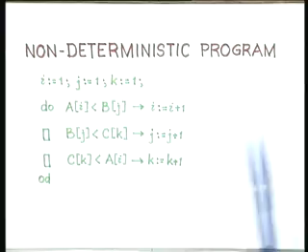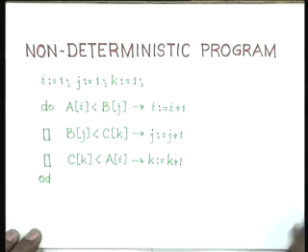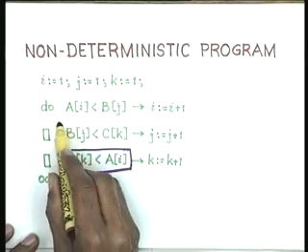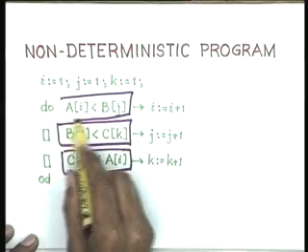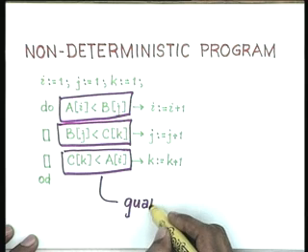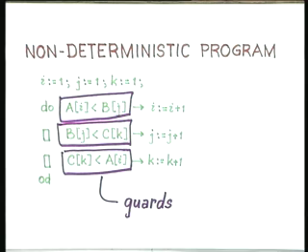When all these conditions are false, when it is impossible to go past these guards. These things are called guards. So, if you cannot go past these guards, then the loop terminates. If there is at least one guard that is true, then you should be able to go past it.